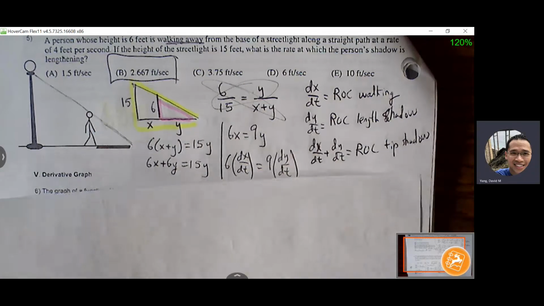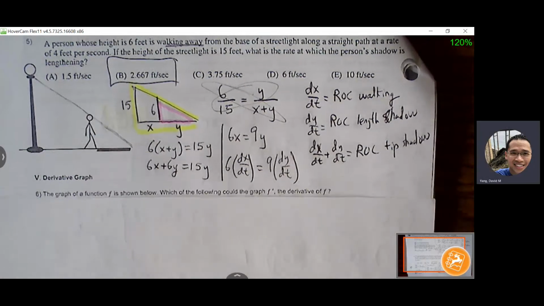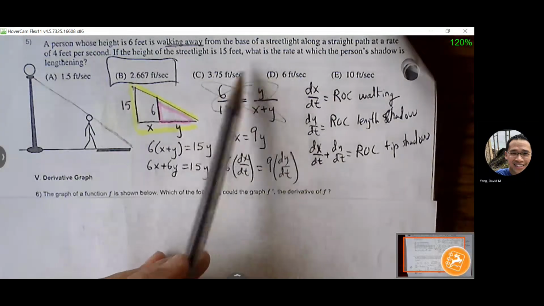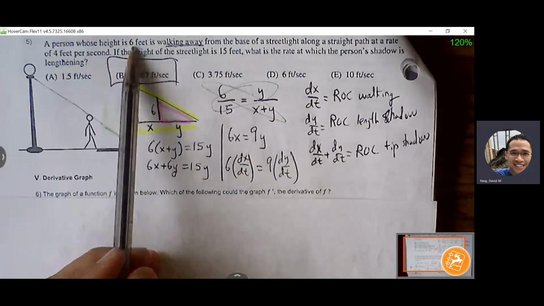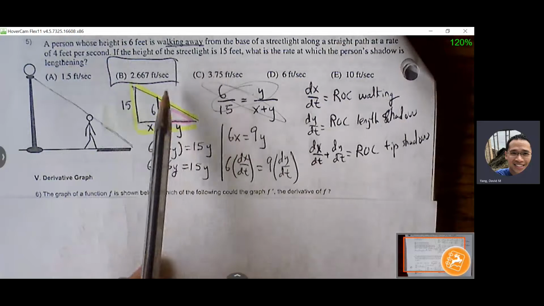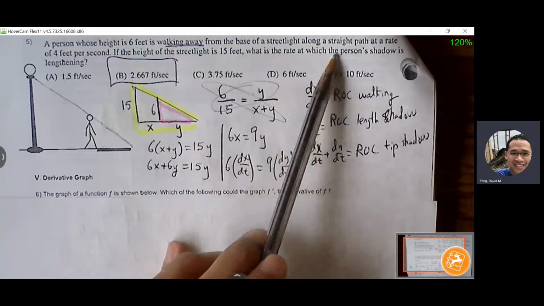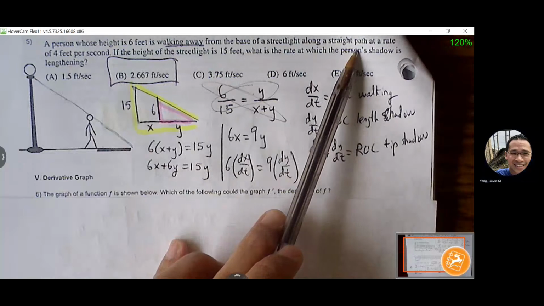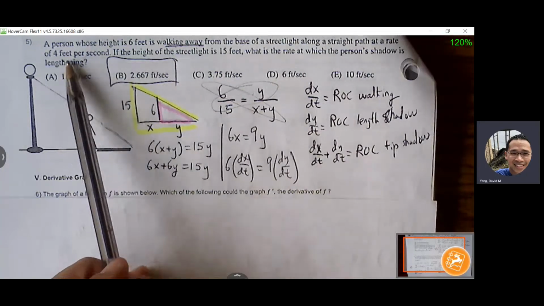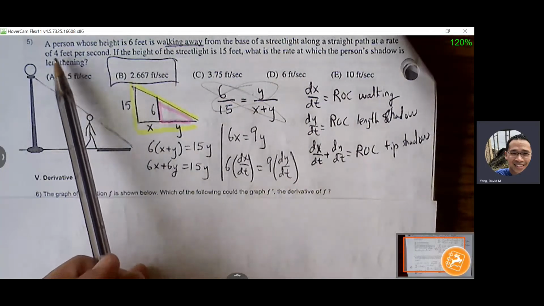Okay, so let's gather some information here. We already have the 6 feet. We have the 15 feet from our diagram. It says the person is walking along the path at a rate of 4 feet per second. So what can we assign that 4 to?